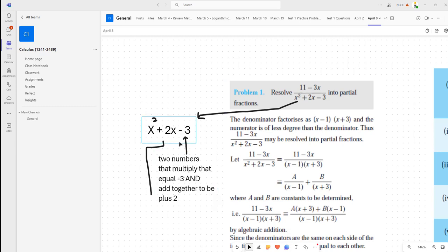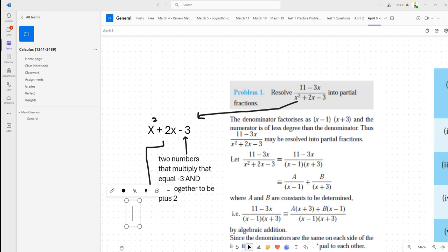All right, so there's only a couple of options, and that's what's nice about this. Our combination is basically two numbers that multiply to minus 3.